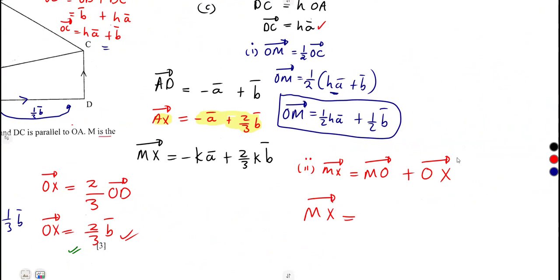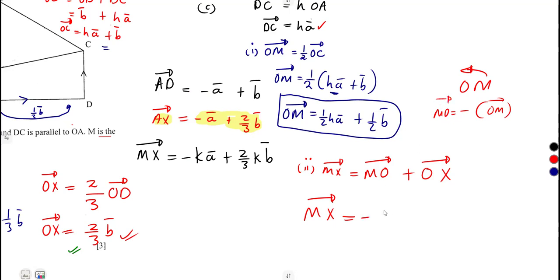All right, where MO is simply taken from what? OM. Remember the relationship. These two are simply the same. OM, then MO is the opposite. So you simply multiply by what? By a negative of OM to get what? MO. That's the concept.